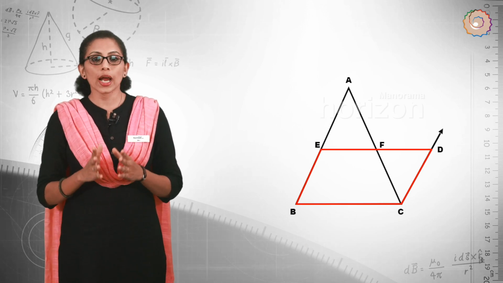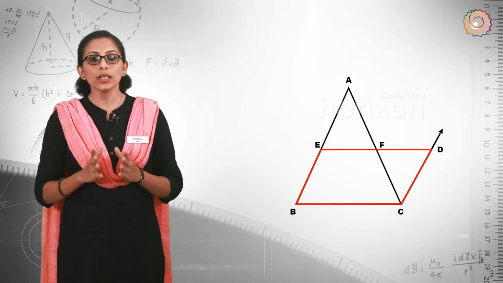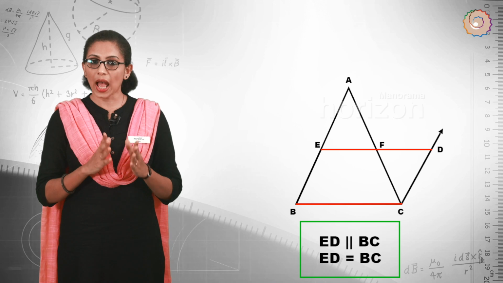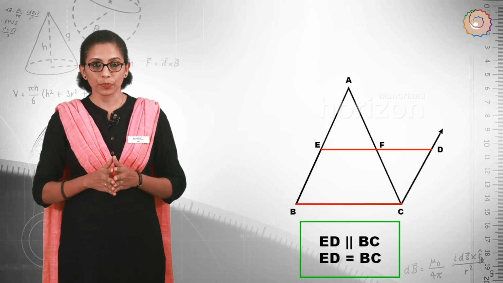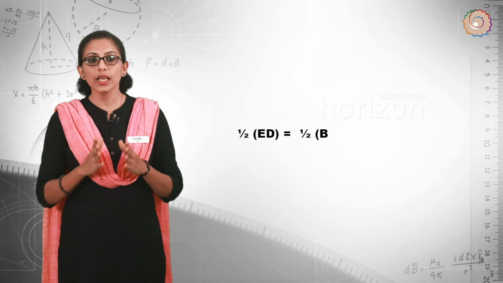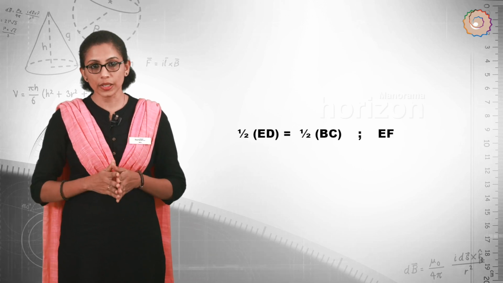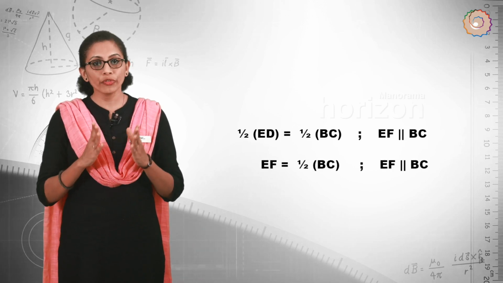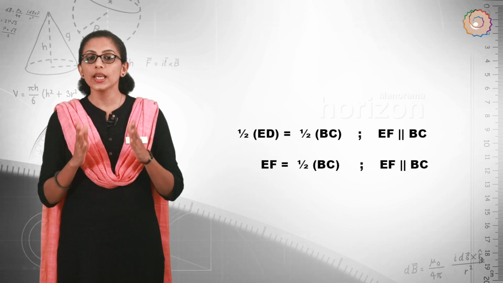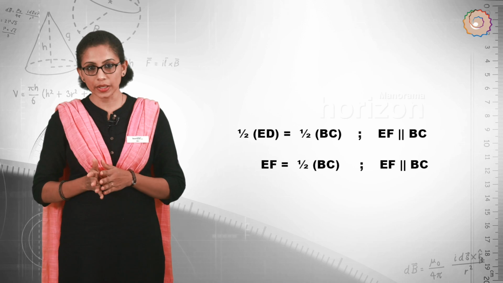Since opposite sides of a parallelogram are parallel and equal, we can write ED equal to BC and ED parallel to BC. Or we can say half of ED is equal to half of BC and EF is parallel to BC. Half of ED is nothing but EF. So, EF is equal to half of BC and EF is parallel to BC.